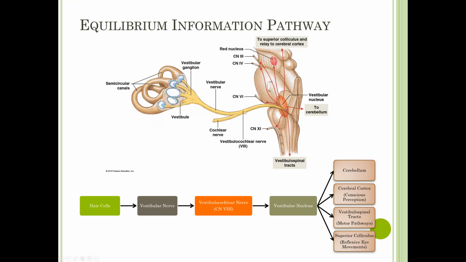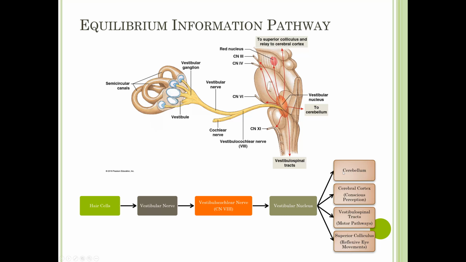They join together to form the vestibulocochlear nerve, which is cranial nerve number 8. Then the information is passed to the vestibular nucleus, which is on the border between the pons and the medulla oblongata. Then from the vestibular nucleus, your equilibrium information goes to a few different places.